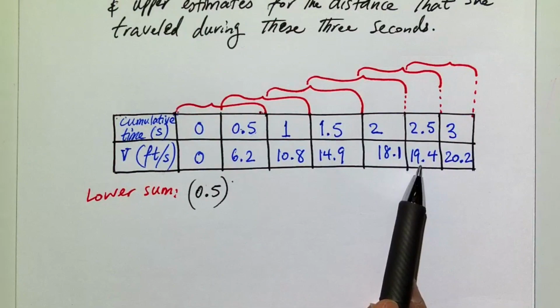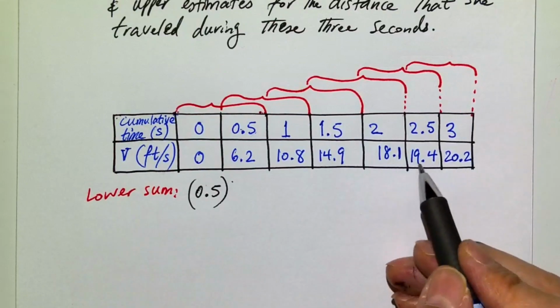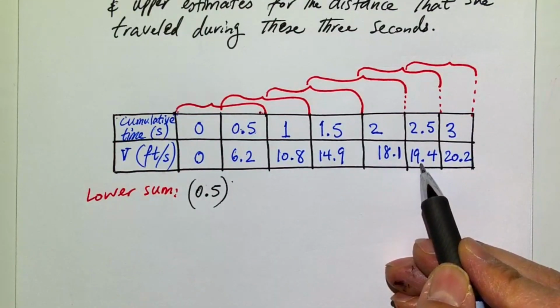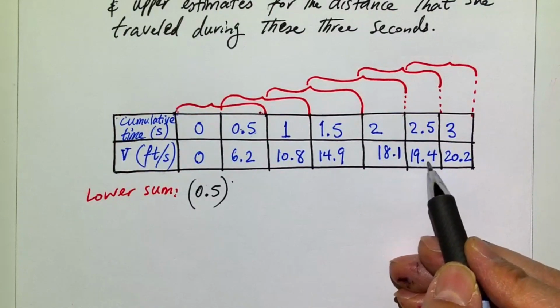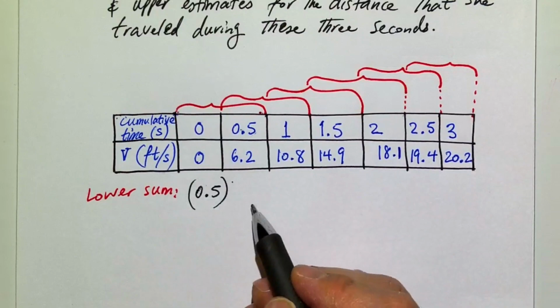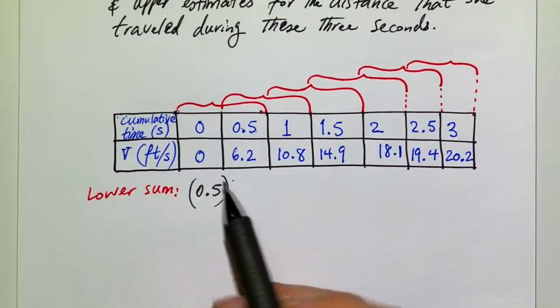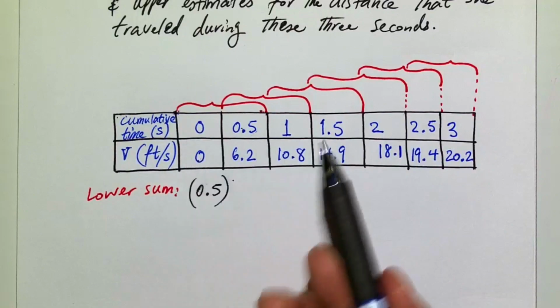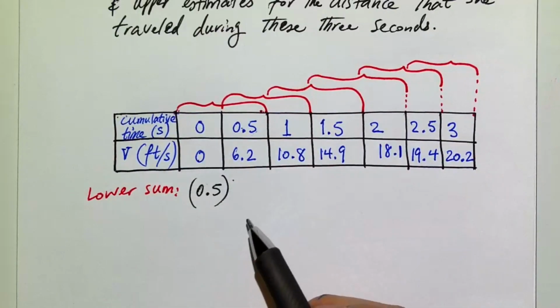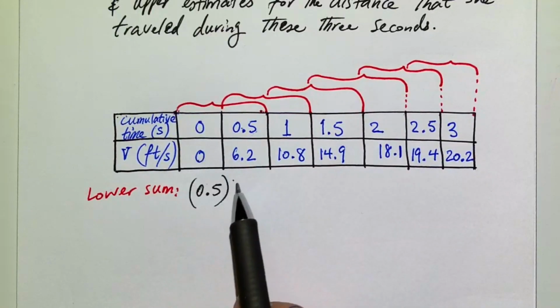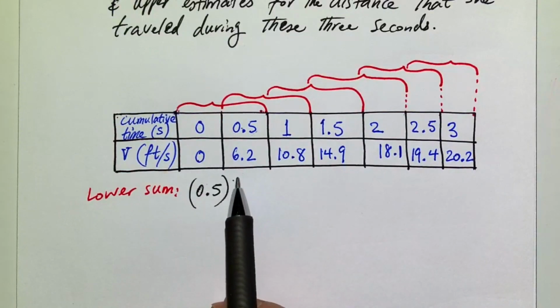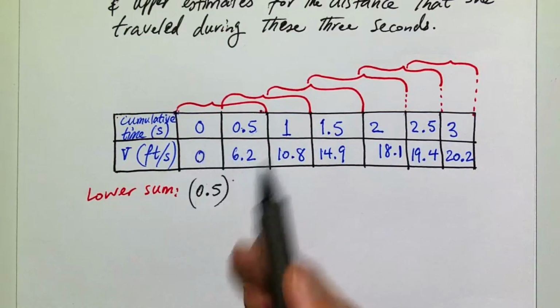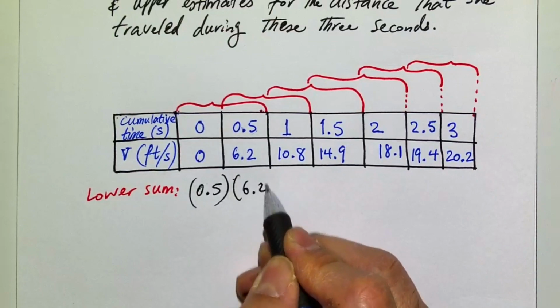So for the lower sum, 19.4 would be the last one to calculate, right? I actually should have drawn one here. So 0 times 0 just drops out. So this one would be 6.2.